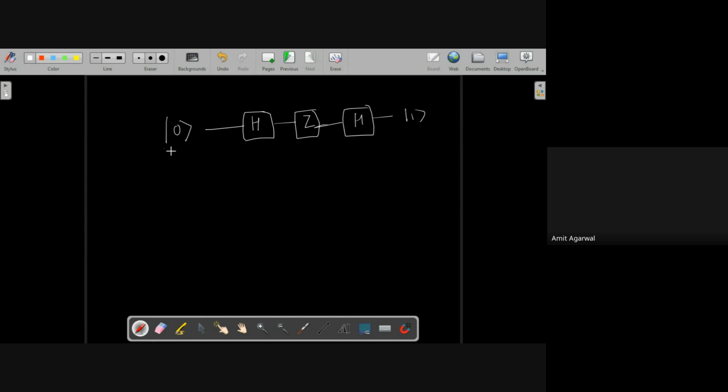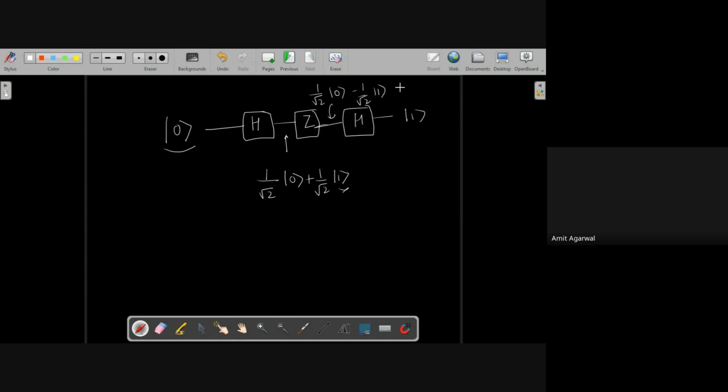If this is the 0 state and we apply Hadamard to it, what will we get? A superposition state. And when this state is applied to the Z gate, it flips the phase of the state 1.